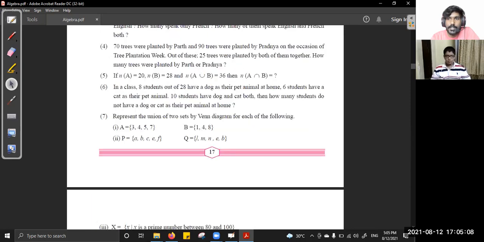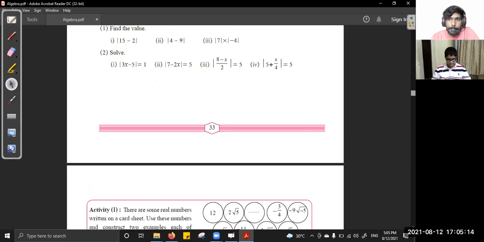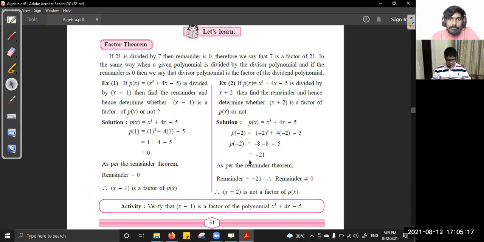We had started with the third chapter, that is polynomials.